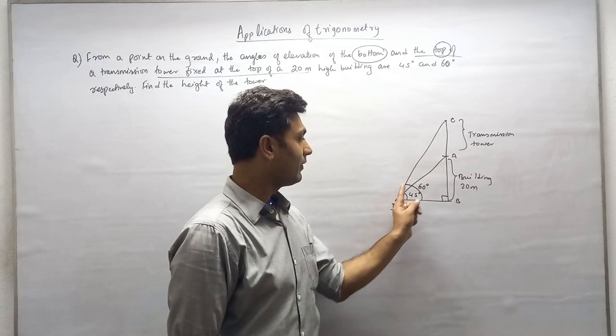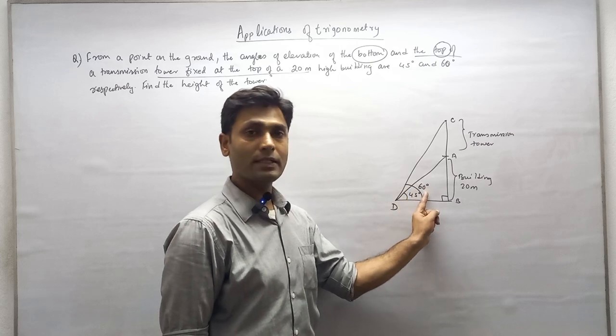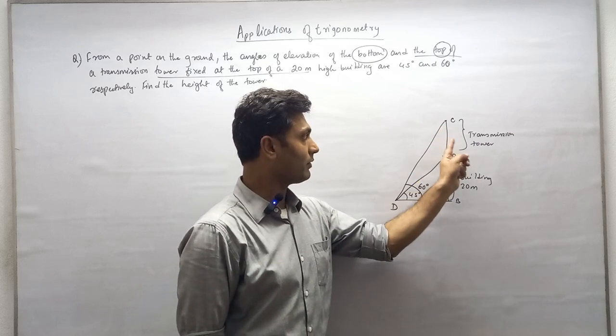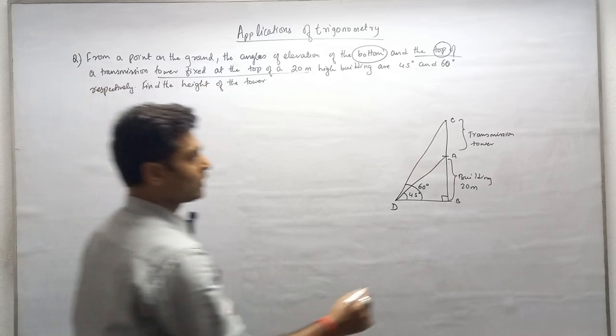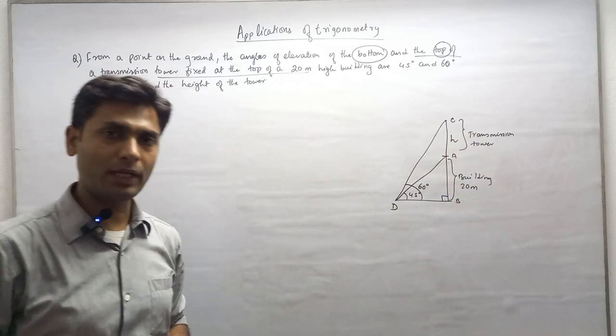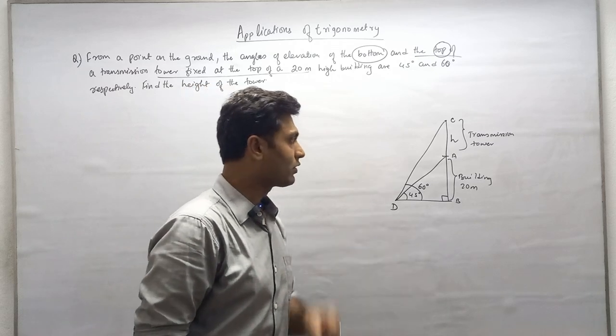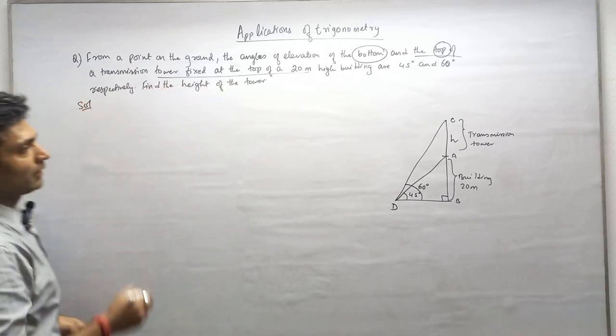The angle of elevation to the top of the tower, now it will increase, is 60 degrees. What we need to find is the height of the transmission tower. I have taken the height of the transmission tower to be h. Now look at the solution.